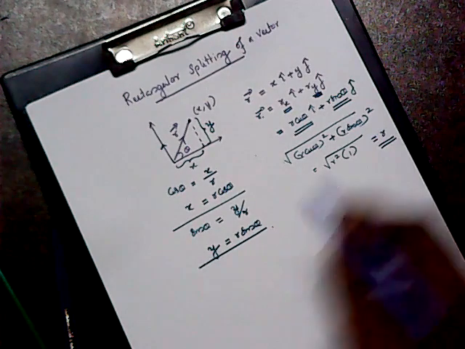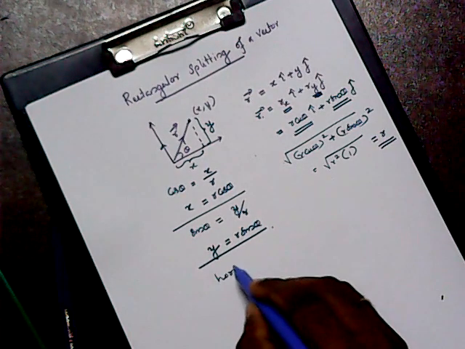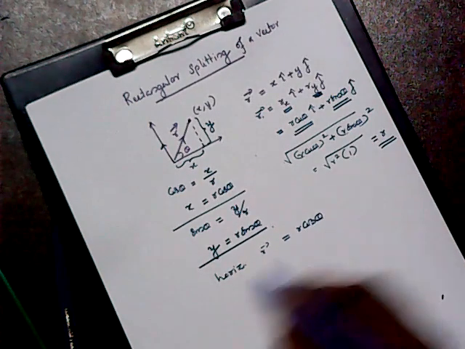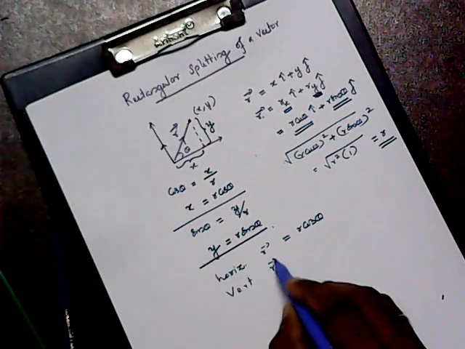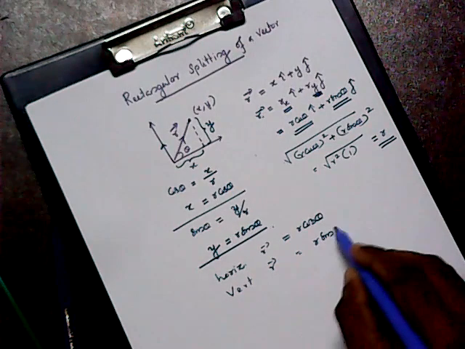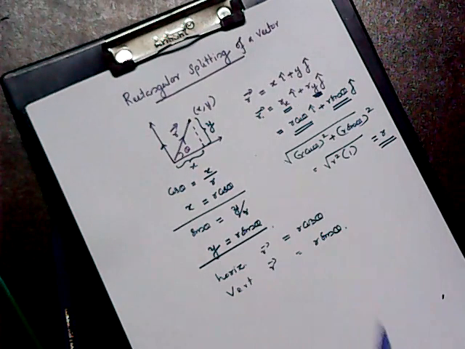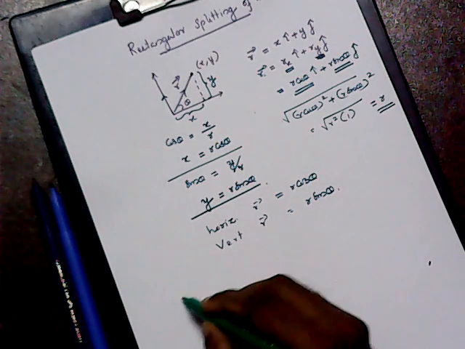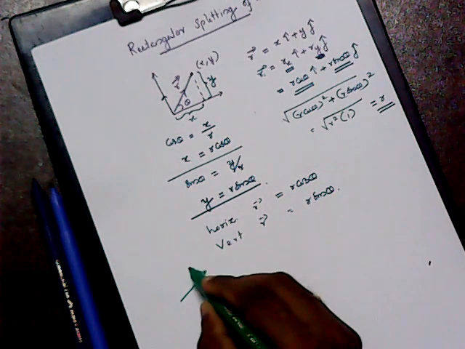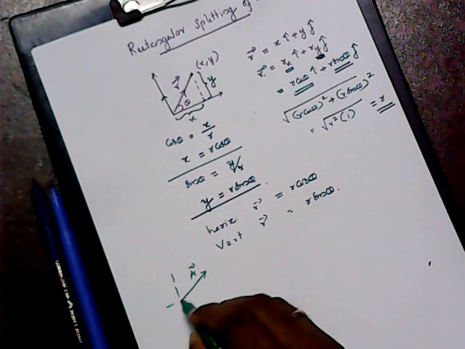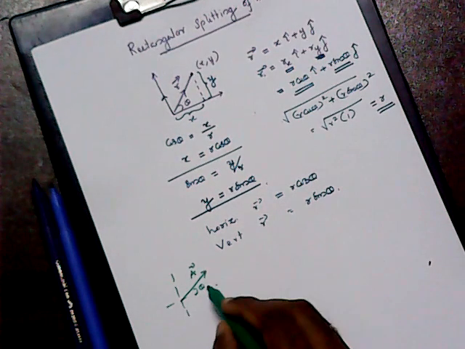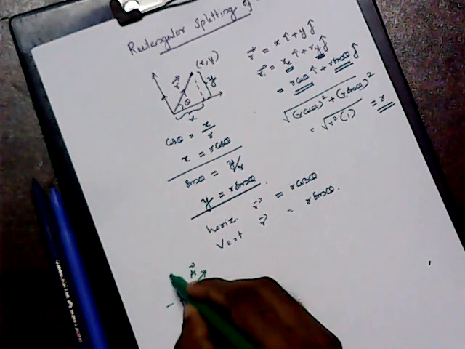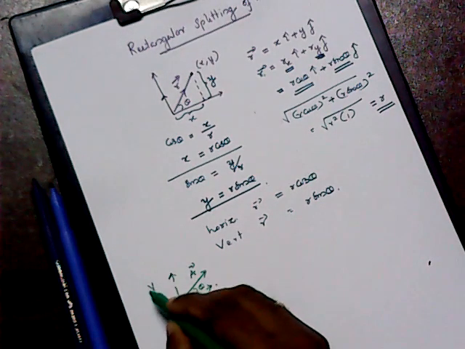So the horizontal component of r is r cos theta, and the vertical component of r is r sin theta. But keep in mind that r makes an angle theta with respect to x-axis. And we can generalize the concept like this: suppose A makes an angle theta with respect to x-axis, then the horizontal component takes the value a cos theta, and the vertical component takes the value a sin theta.